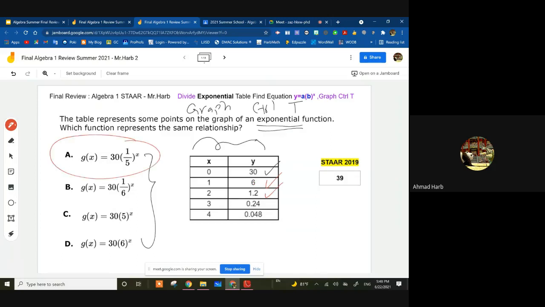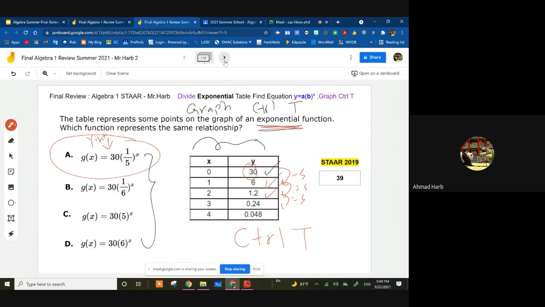And you're going to notice that the first number, 30, is the y-intercept. And the 1/5 means you divide by 5 every single time. So divide by 5, divide by 5, divide by 5, and so on. That's why it's an exponential function. So graph and match with the table using Ctrl T. So this is the answer for this table.